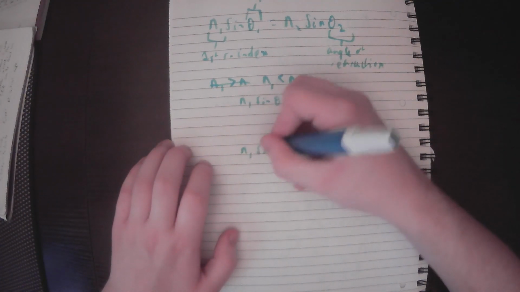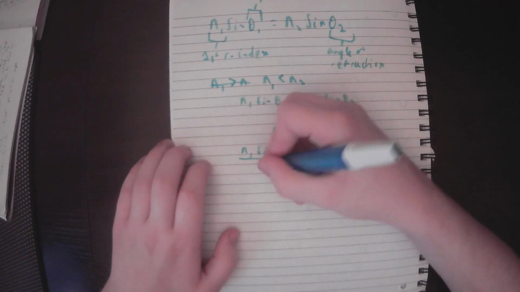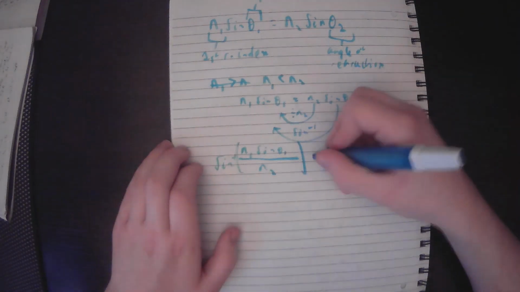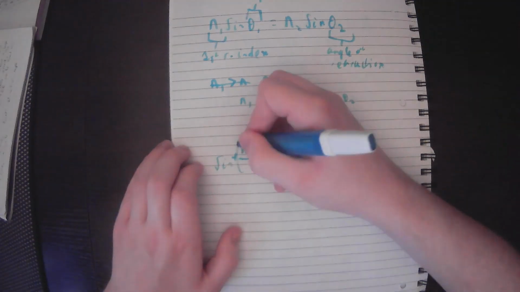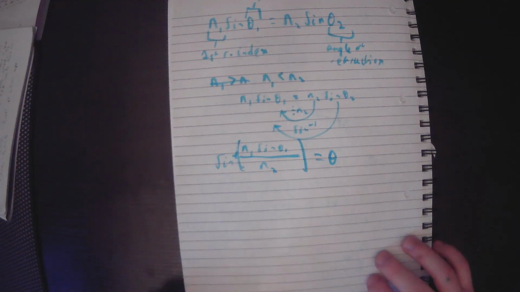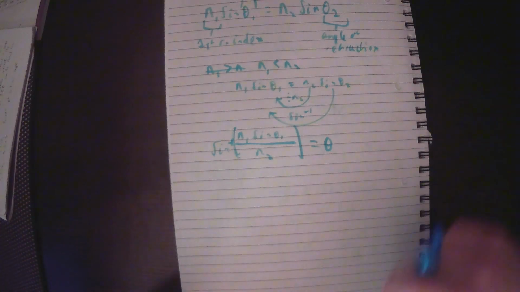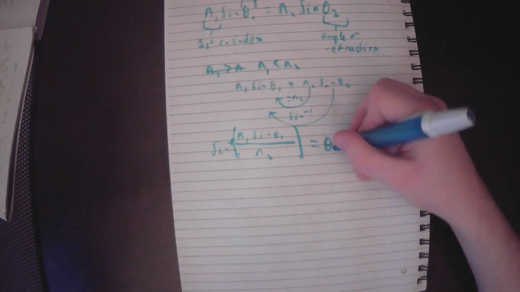And N1 sine theta 1 over N2, and then we do the sine inverse of that, or arc sine, some of you may call it. And we're going to end up with that. If we know that N1 is smaller, the sine theta 1 is just going to make it even smaller, right? So then we're going to get sine inverse of something smaller than what would be rearranged in the other way, and therefore theta 2 is going to be smaller than theta 1.